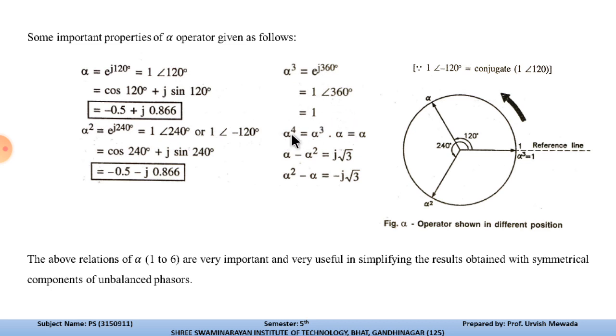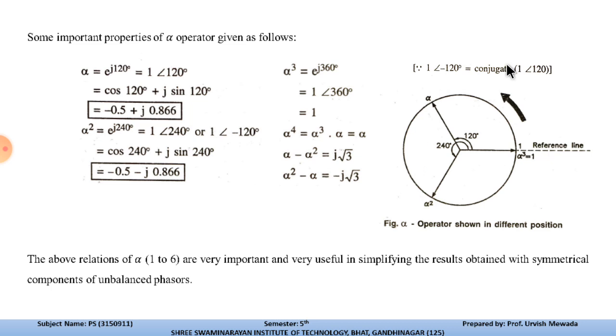For alpha raised to 4, we can go further: alpha raised to 3 into alpha. Since alpha raised to 3 is 1, alpha raised to 4 is equal to alpha. Alpha minus alpha square is equal to j root 3, and alpha square minus alpha is equal to minus j root 3.